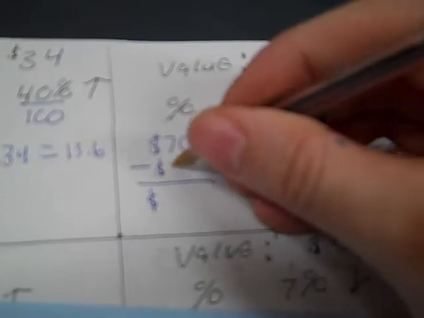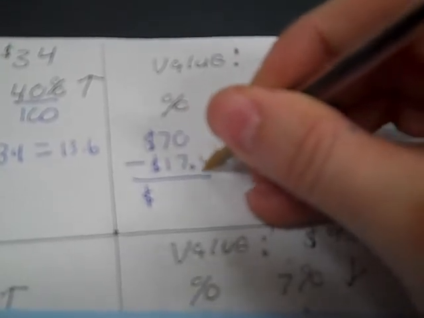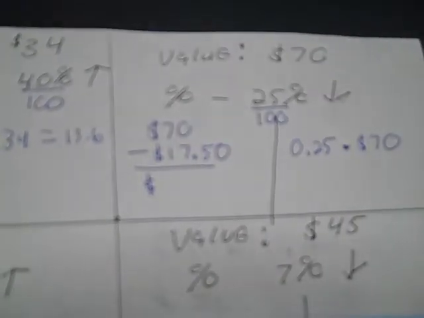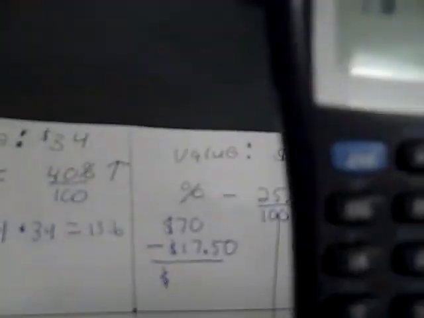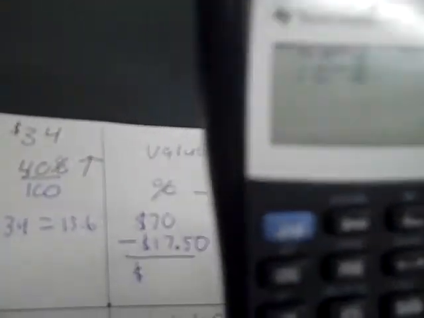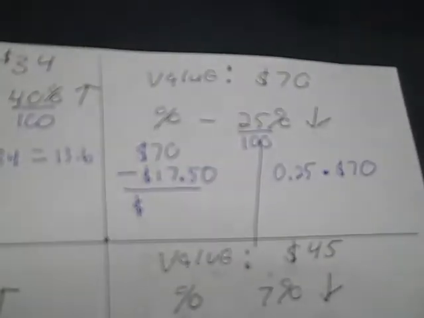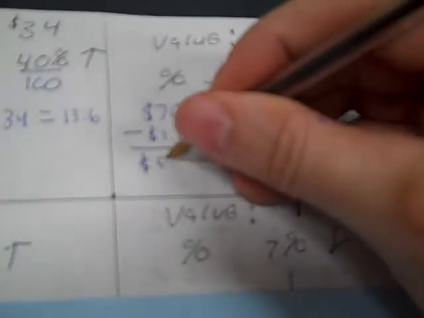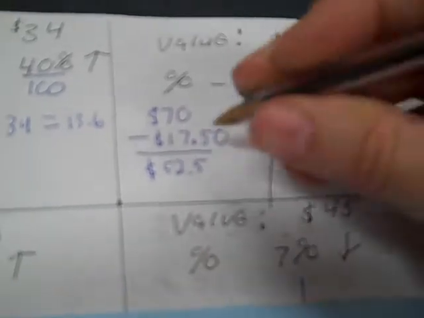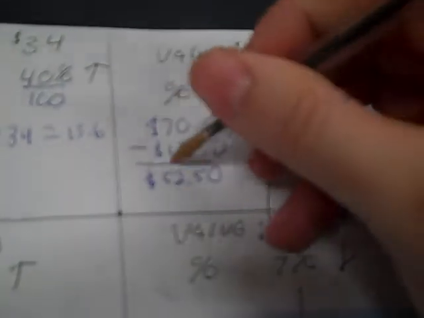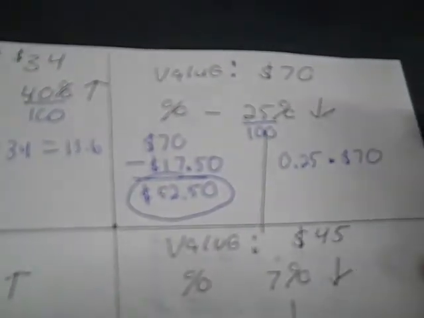And that's what I'm going to be subtracting, but it would be $17.50. Okay, so 70 minus 17.50, 52.5. And then put a 0 there so it looks like an actual money amount.